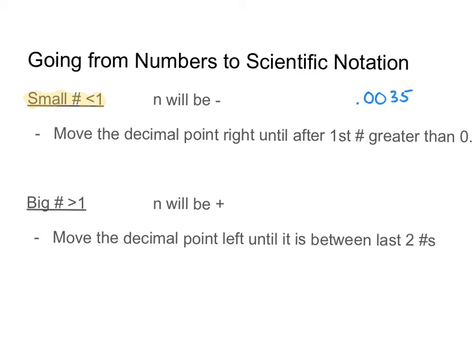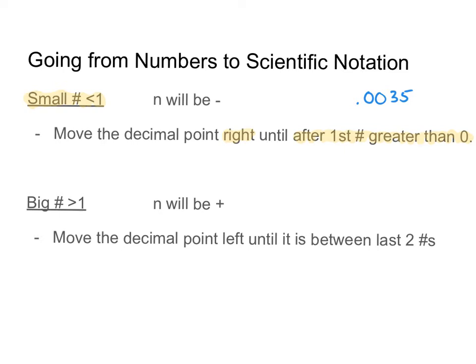Now, to get this in scientific notation, you have to follow a step below that. It says move the decimal point right until it is after the first number greater than 0. So we move the decimal right until it is after the first non-zero digit.